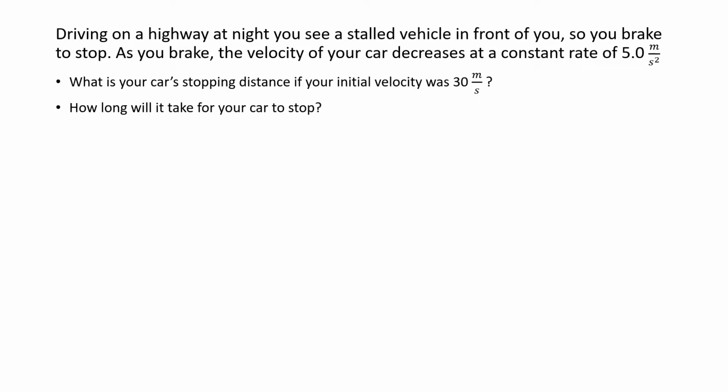All right, let's draw the problem. I always start out with a nice picture of some kind. I don't want to draw a car, so I'm just going to draw a dot. Let's go like this.